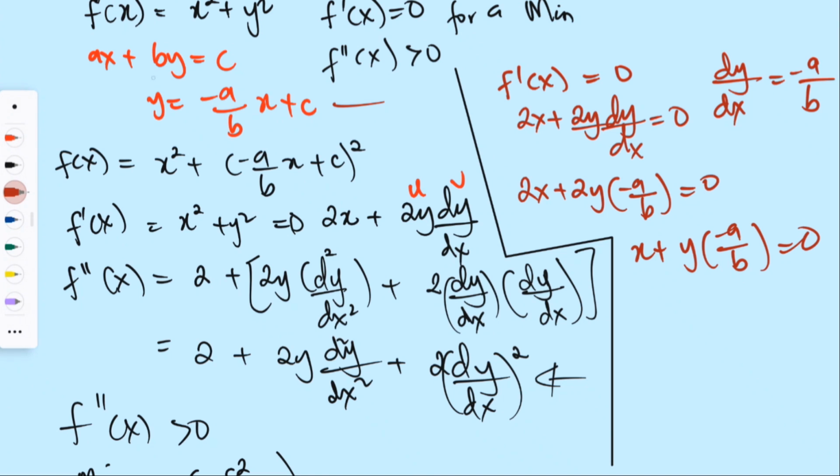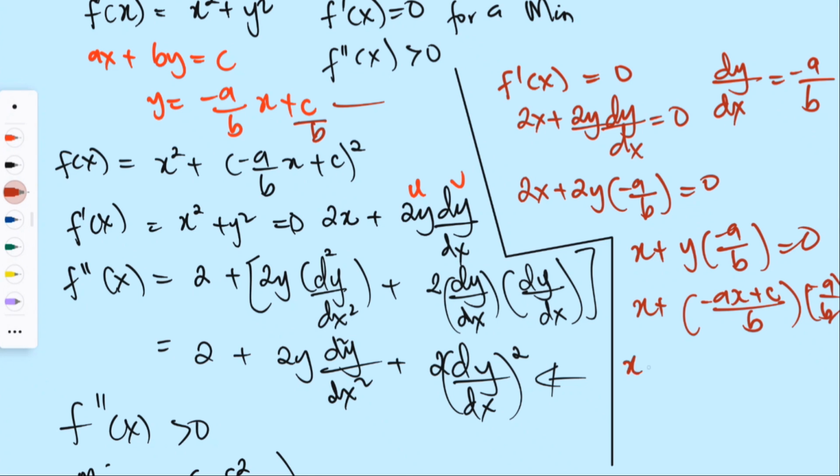So y here, again, okay, we had to divide all through by b. This is supposed to be c over b. Sorry about that. So x plus y would be negative ax plus c, all divided by b. Okay, there we go. Times negative a over b.